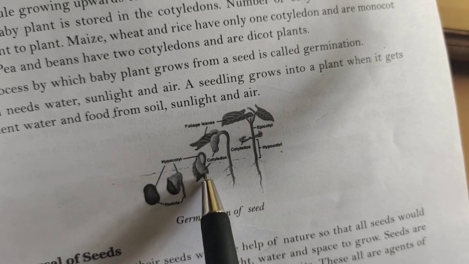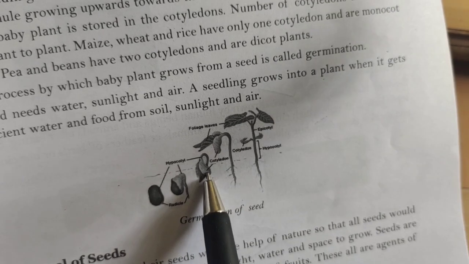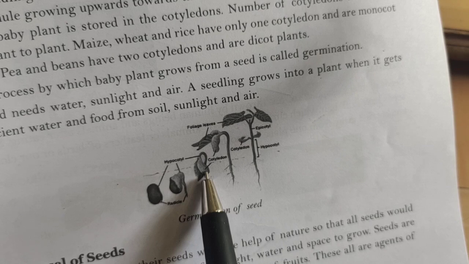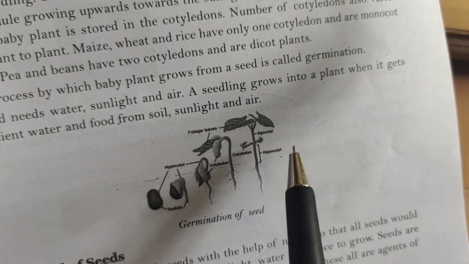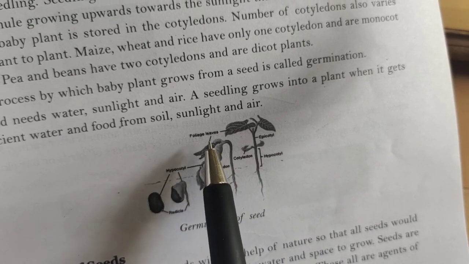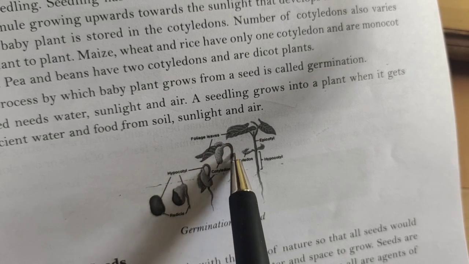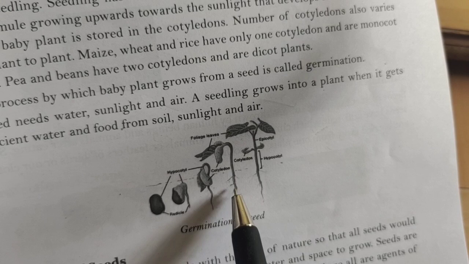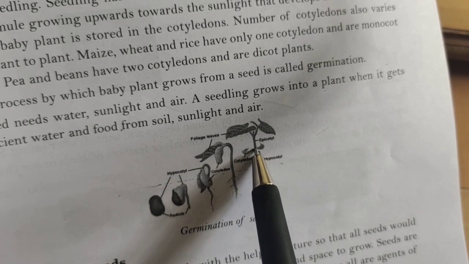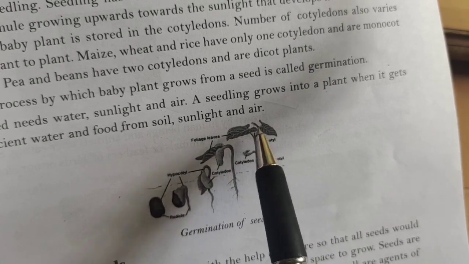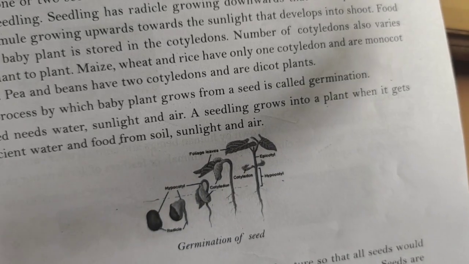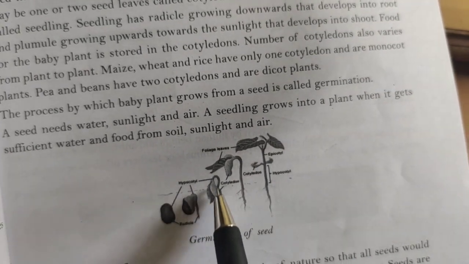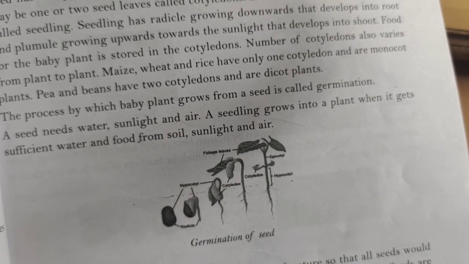Between them, the baby plant grows, called the seedling, and the seedling has a radicle growing downwards. It goes downwards and will form the root. And this plumule goes upwards and will form a plant. Food for the baby plant is stored in the cotyledons.